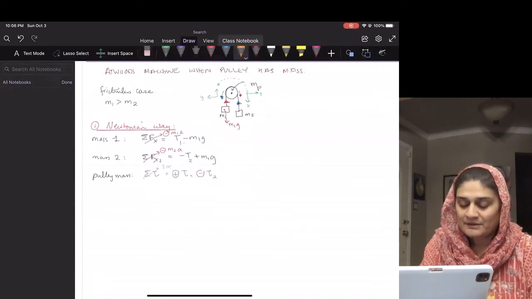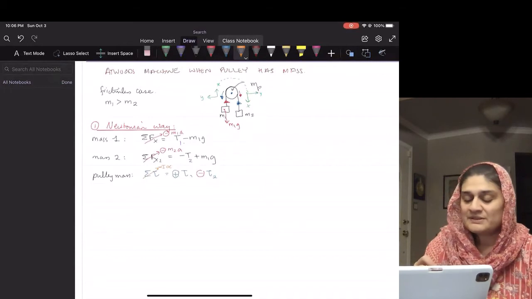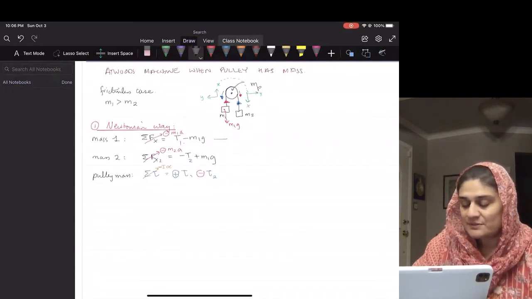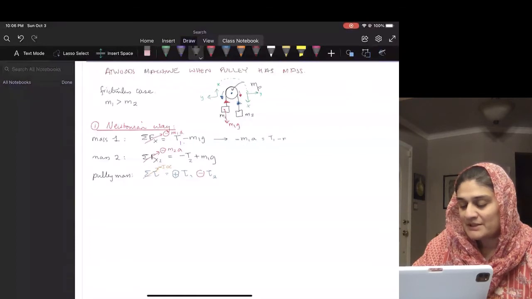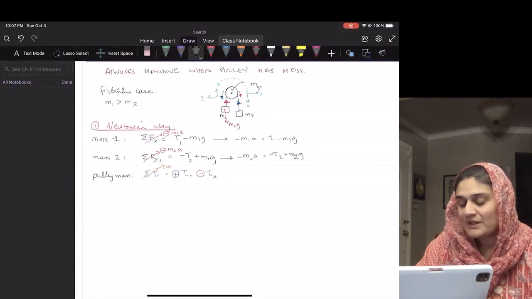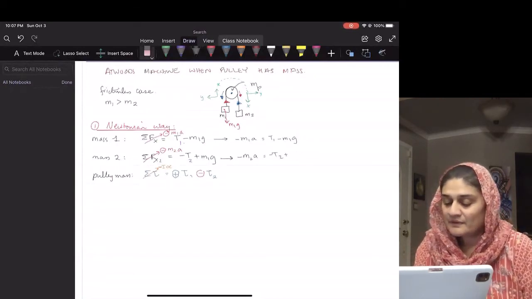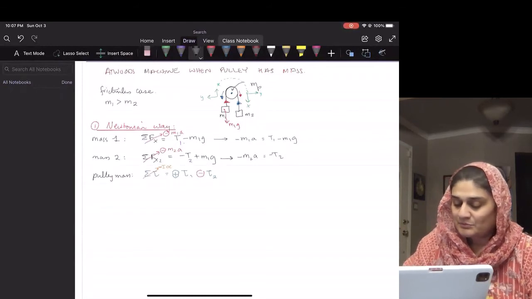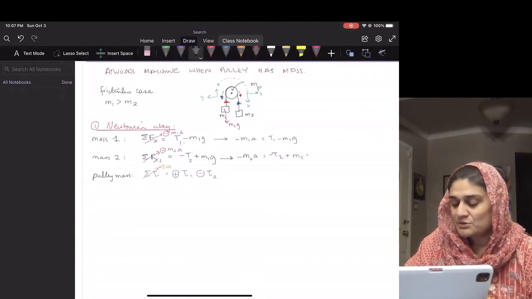I alpha negative, which means I can rewrite each of these equations as minus M1a equals T1 minus M1g. I can write this expression as minus M2a equals minus T2 plus M2g.